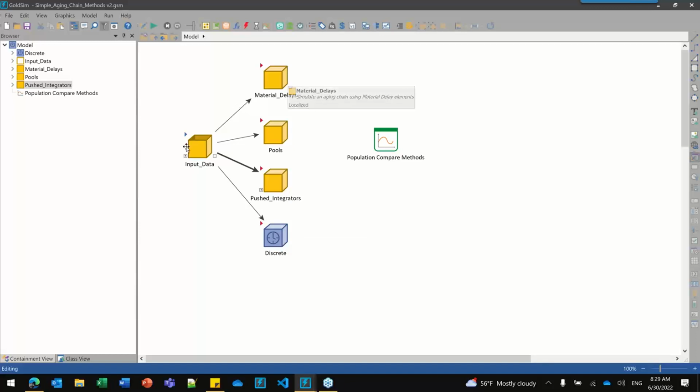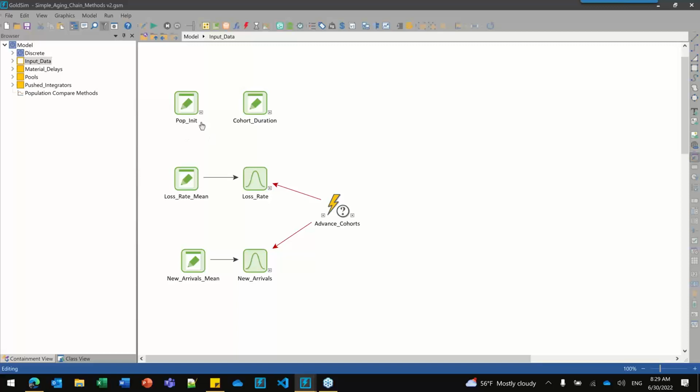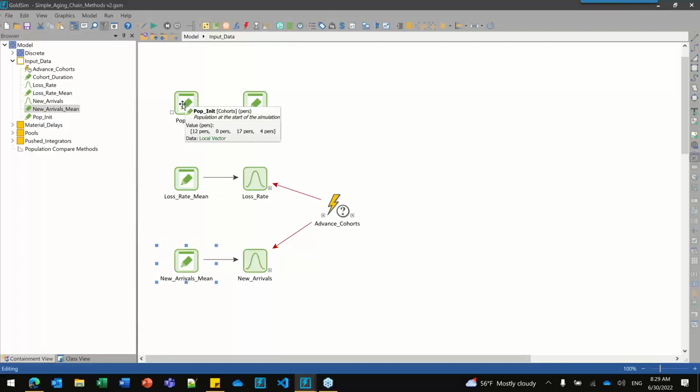So let me start with the material delay type method here. And they're all using the same input data, by the way. I could show you that really quick. Input data. So in all cases, well, except for one, we have an initial population. And this is just assuming we have 4 cohorts, 4 groups.